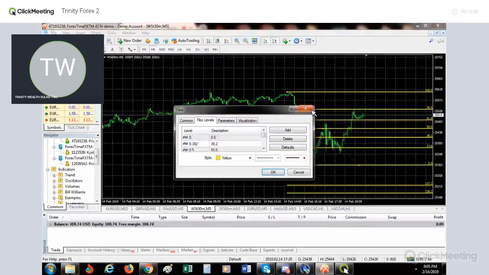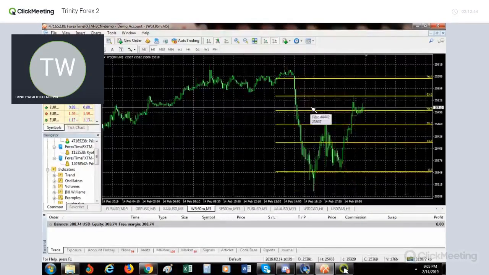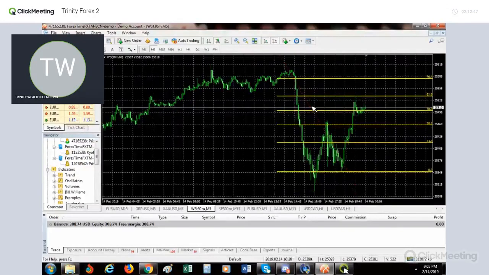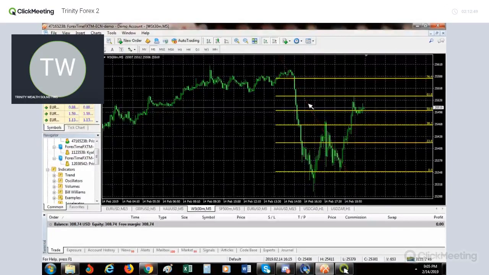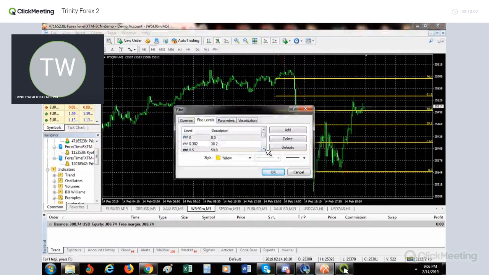So you do the same. What don't I have? I have 138, but I don't have 176. I'll just add that for purposes of showing you how to add extensions. After you highlight it by double clicking until you see it has been activated, you right click, pick Fibonacci properties, and come here.